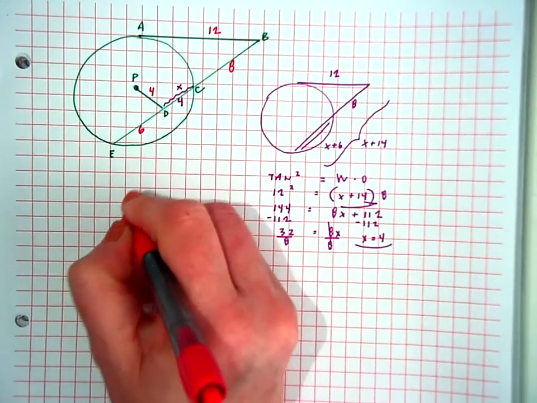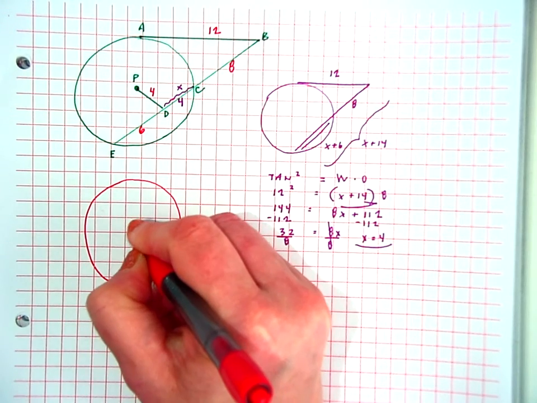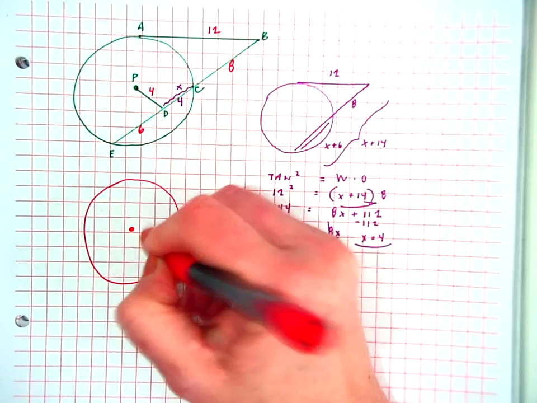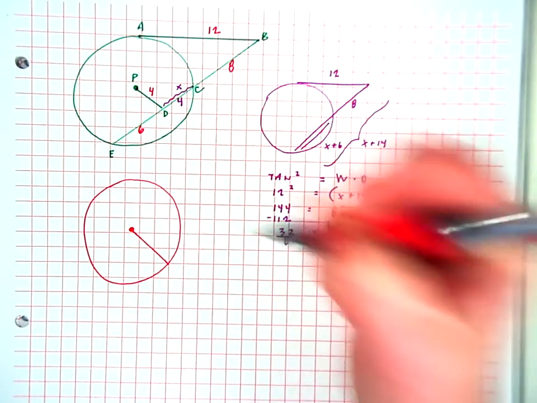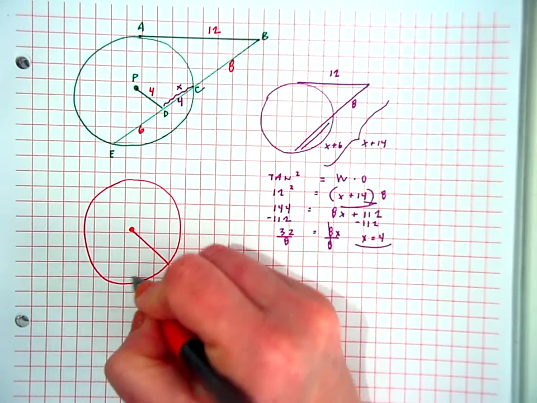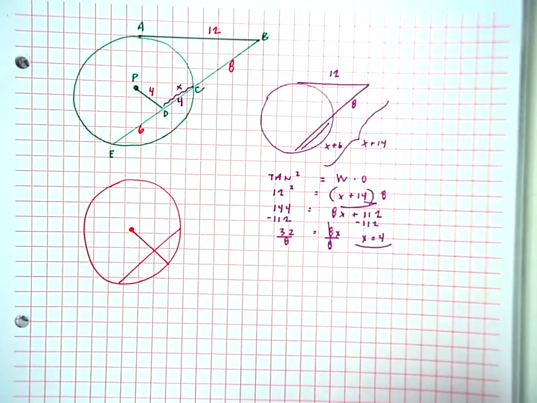So let me redraw my circle. Okay, here's P. I'm going to draw in that segment to where D is, but I'm just going to elongate it. And then I'm going to draw in this chord, kind of like that, and label what I have right now.